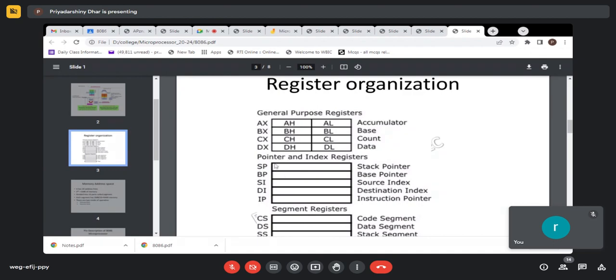Now next are the pointer and index registers. What is SP? SP full form is stack pointer. For the 8085 microprocessor, SP holds the address of the stack top location.